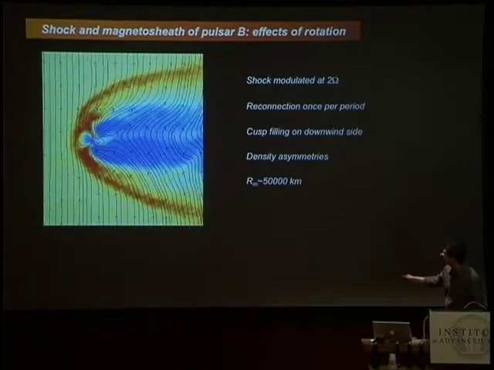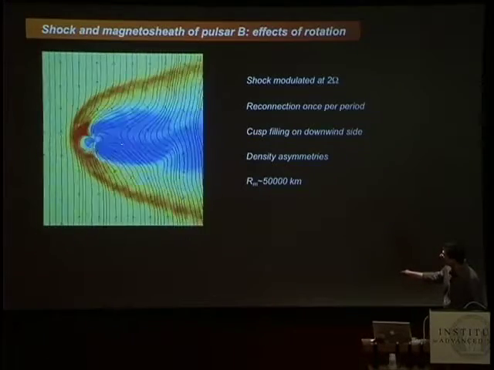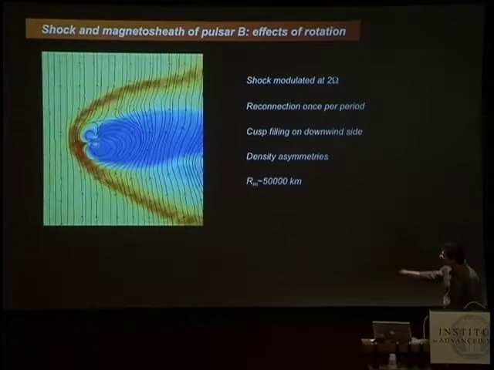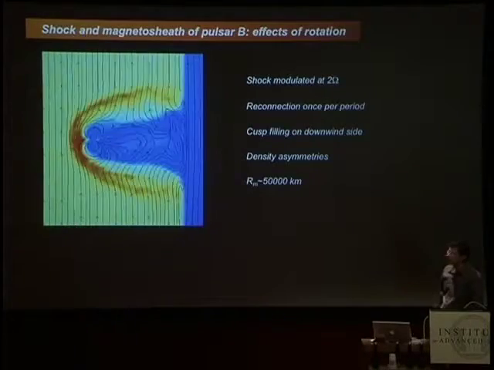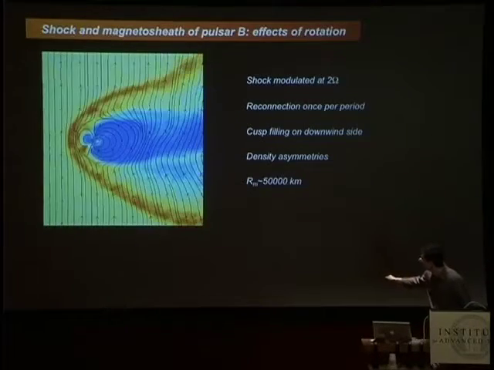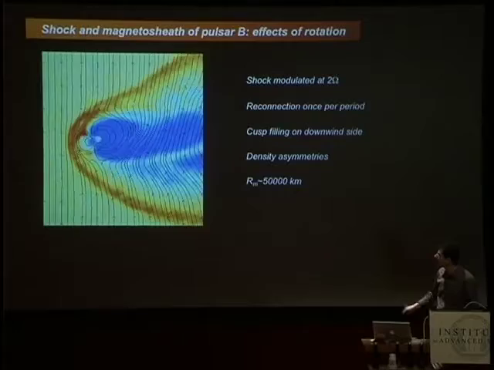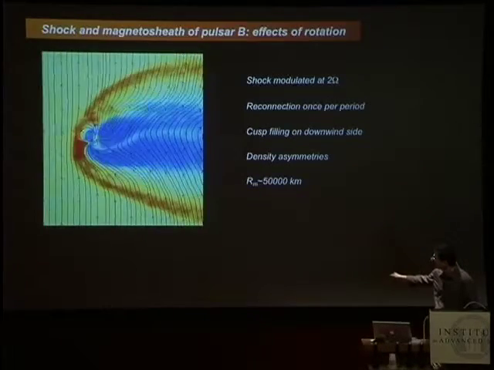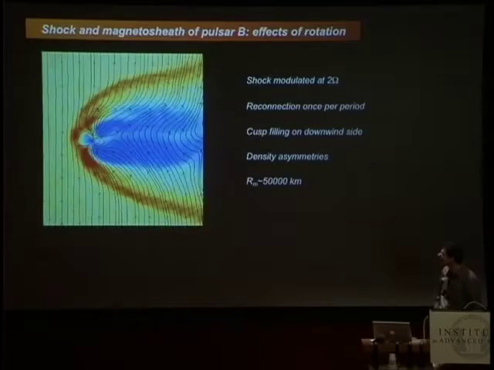We have this dipole rotating, and what we find is that there is a shock created around this magnetosphere, and the shape of that shock is oscillating depending on which phase this pulsar is in. On one side you get reconnection right here, and on this side you don't get reconnection, and so forth.